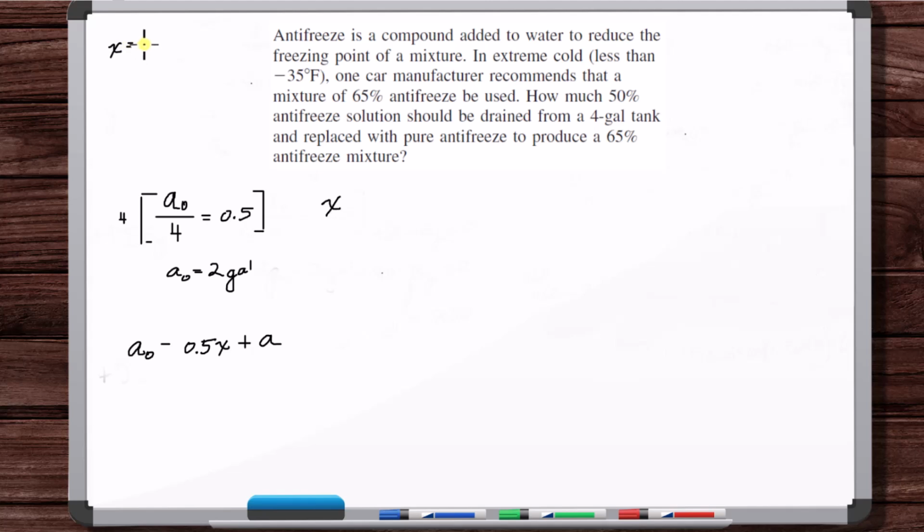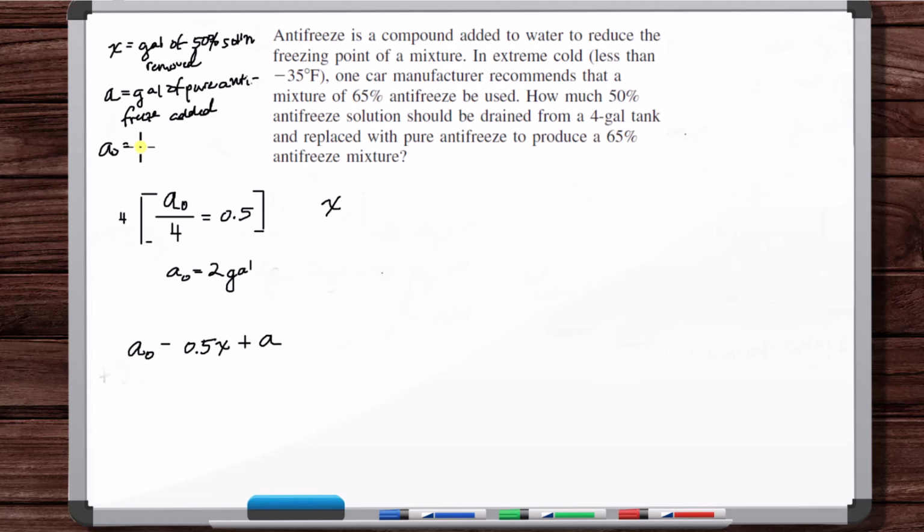X is gallons of 50% solution removed. A is gallons of pure antifreeze added.